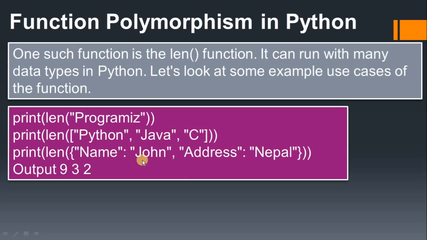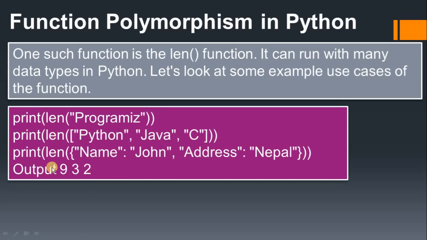It contains keys, so it will count the total keys. The first key is name, the second is address, so the output will be 2. In the first one we just used a string in double quotes, a normal one, so it will count the characters. In the second one we use brackets with values like a list, so it will count the number of strings, and here it is treated as a dictionary, so it will count the keys.